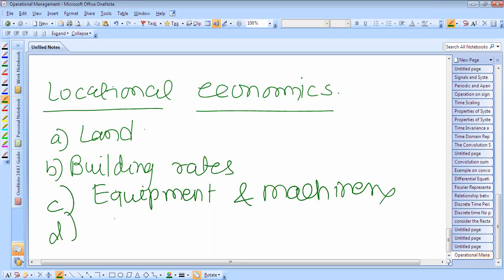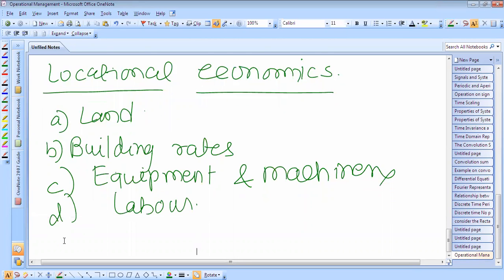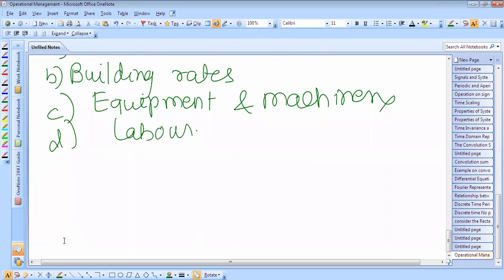Next is the labor. So all these factors will decide your locational economics.